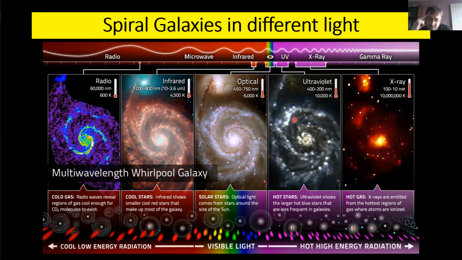Because they live so short, a couple of 20 million years, this is for a star nothing to migrate long around. These stars are very close to the regions where they are produced. So blue stars are basically the markers also of star creation.